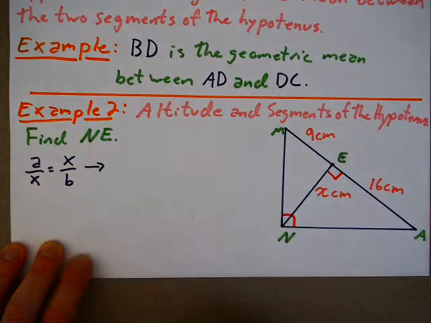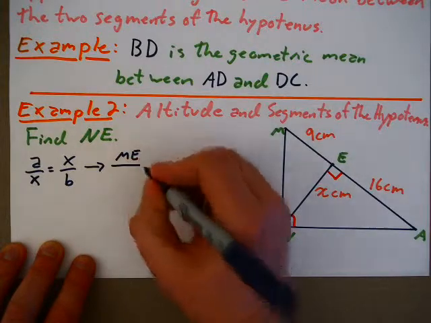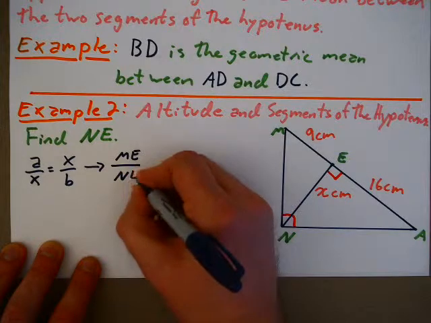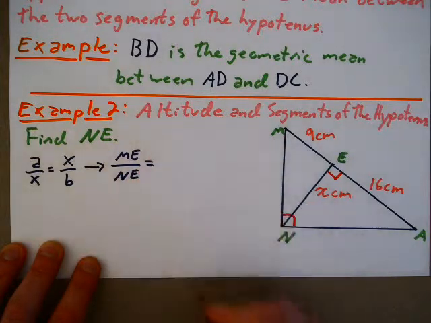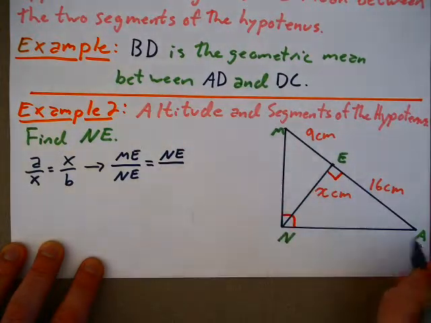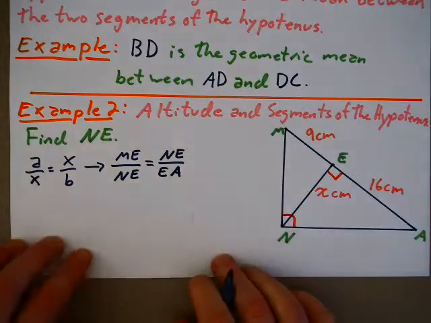And so in this case, I'll put the line segments in there. So A, we can call that line segment ME, and our geometric mean here is NE, and that's going to go over EA.